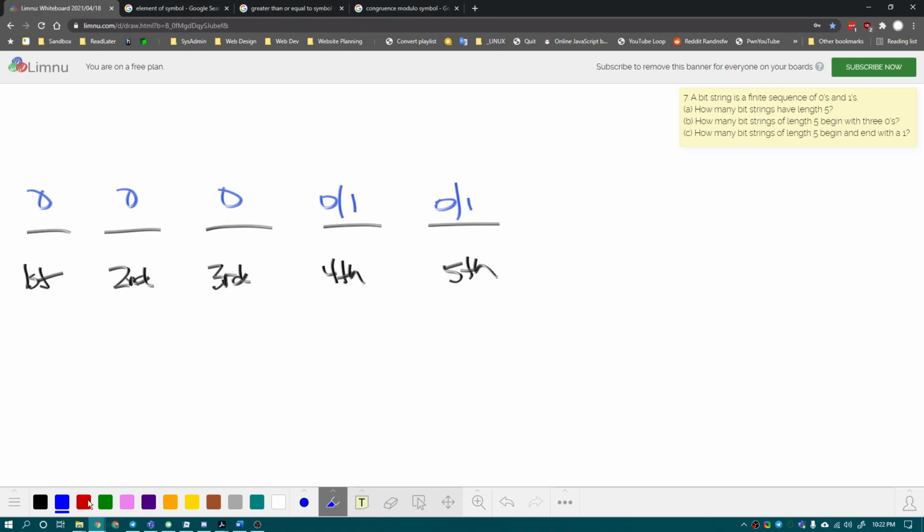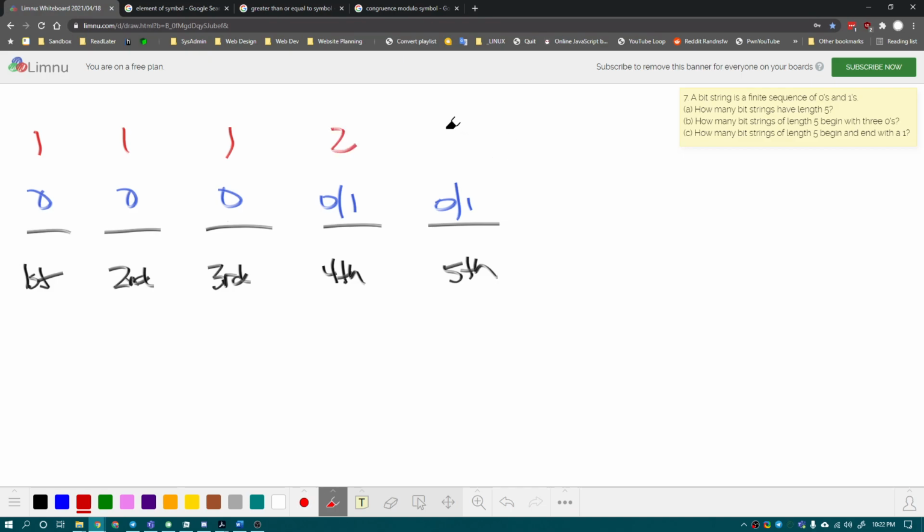So now let me re-ask you. How many options do we have for the first digit? We have 1 option. Correct. And for the second? 1. Third? 1. Fourth? 2.